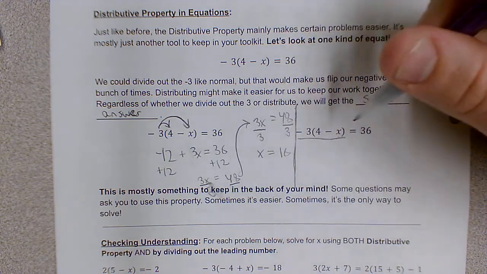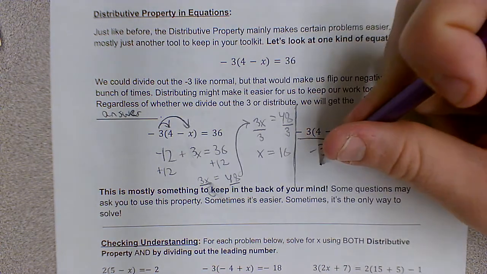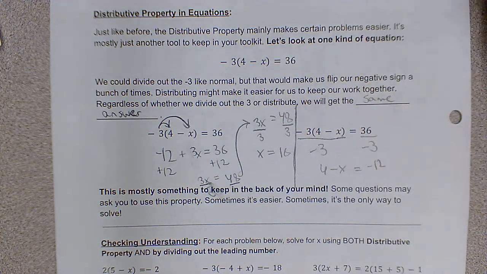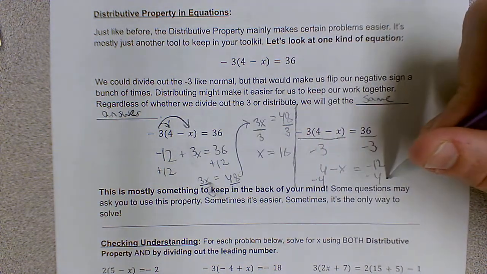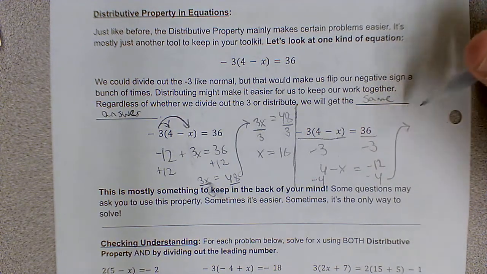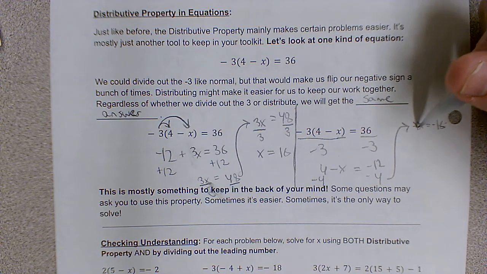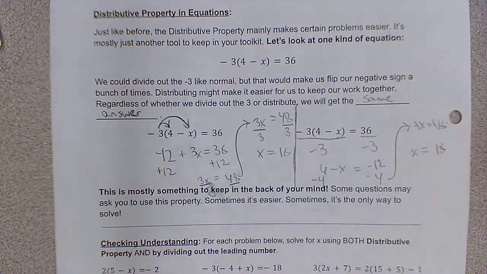If I do that, I have to keep track of my negative signs a lot more. Okay, then I have to subtract the negative 4 out. There's so many ways to make a mistake. I have negative x equals negative 16. I have to make sure I cancel out my negatives to be positive x equals positive 16.